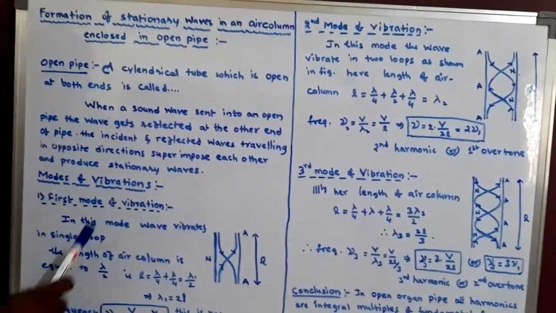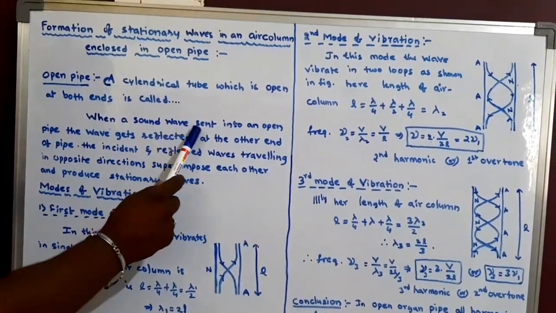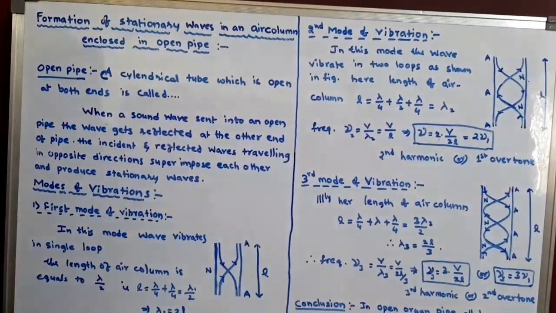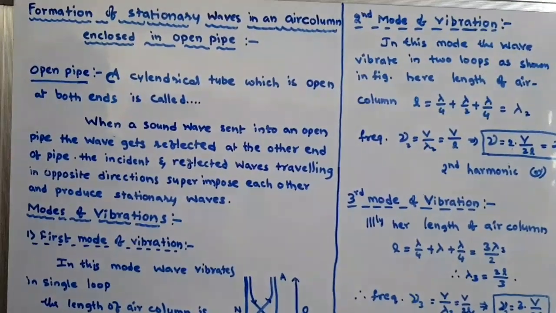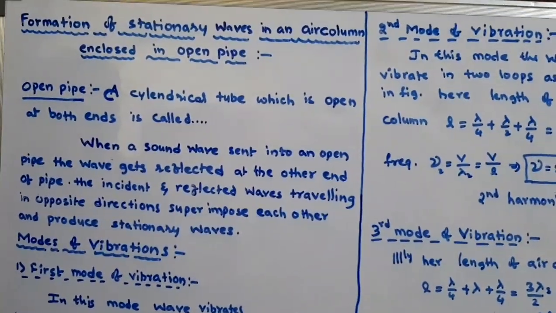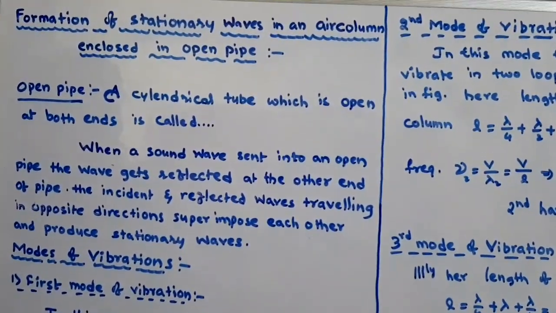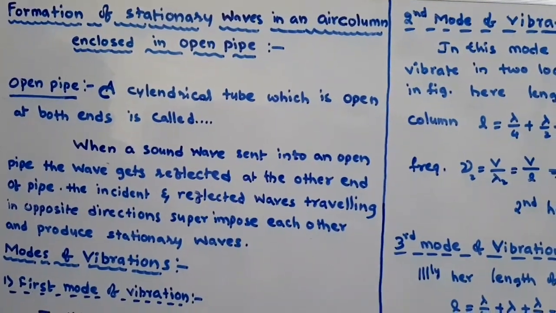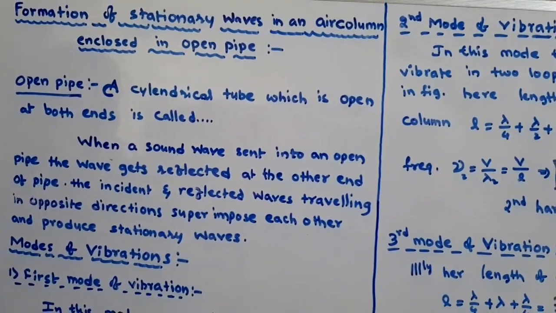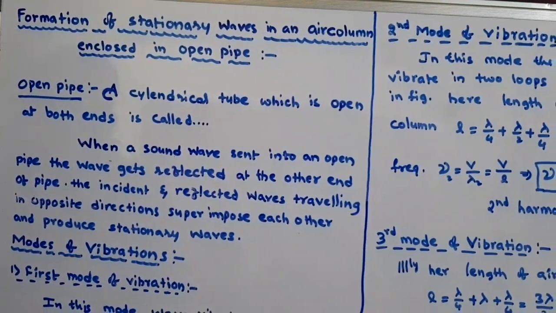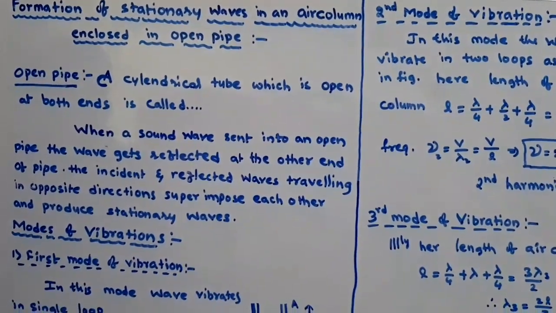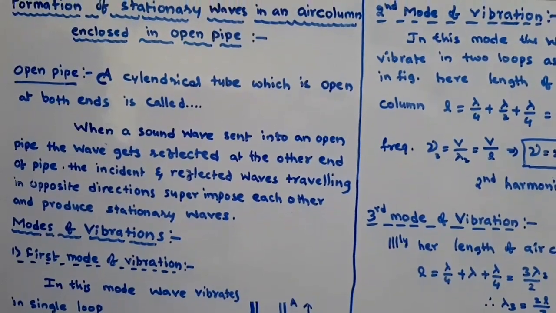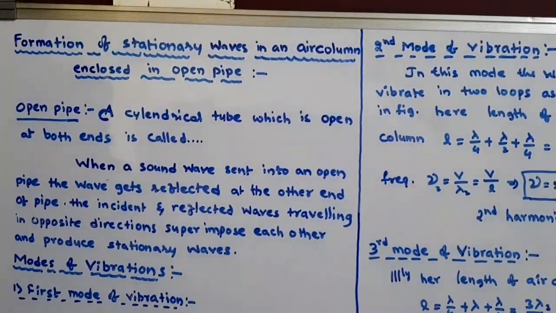When a sound wave is sent into the open pipe, the wave gets reflected at the other end. Then the incident and reflected waves, traveling in opposite directions, are superimposed on each other to produce stationary waves.